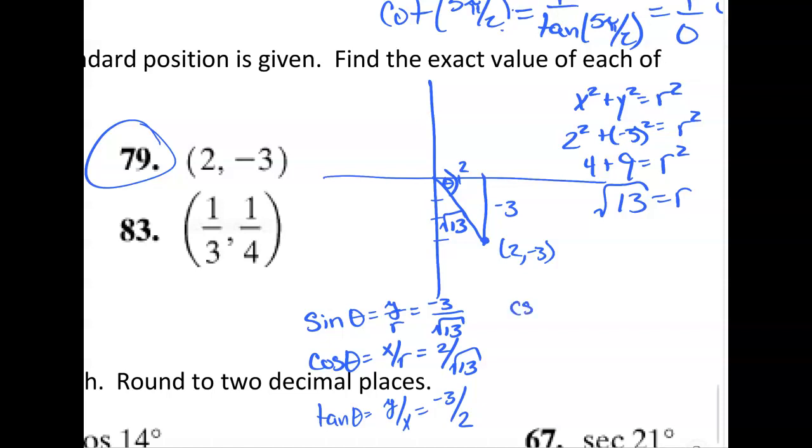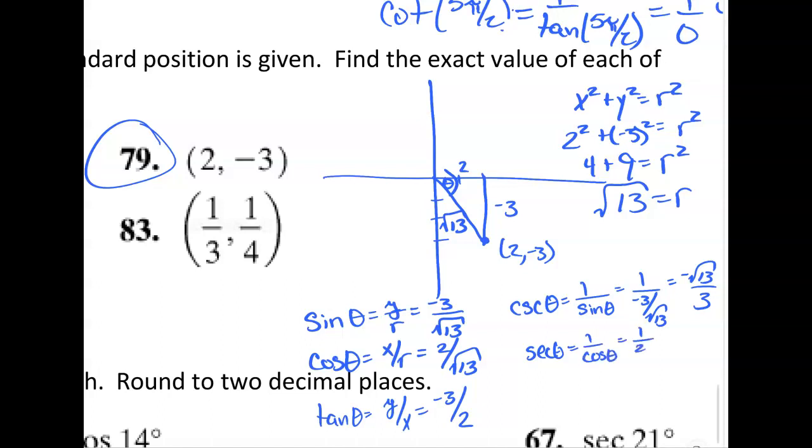And then we can do cosecant. Cosecant is the same thing as 1 over sine. So I'm going to have 1 divided by -3 over square root of 13, which is negative square root of 13 over 3. Secant is 1 over cosine.